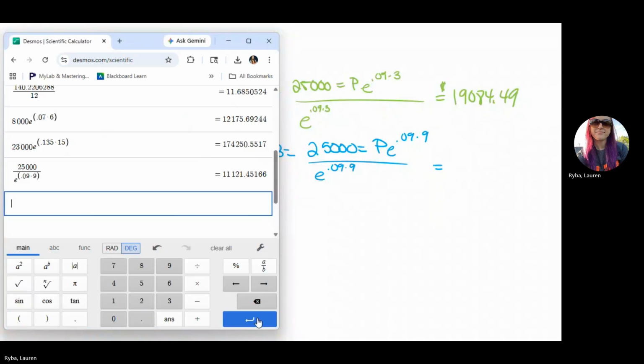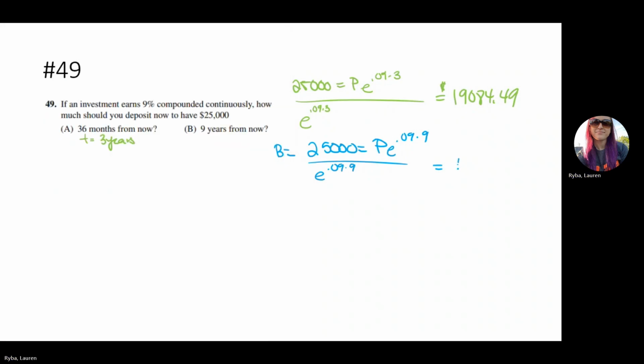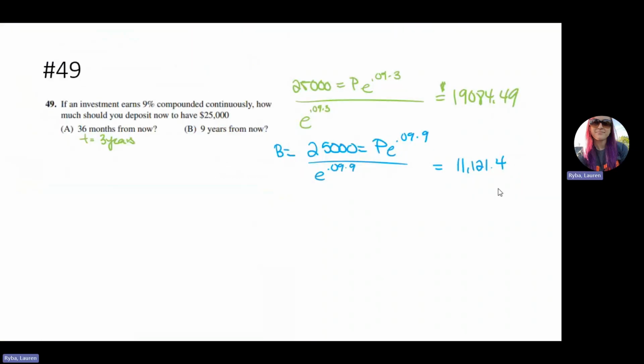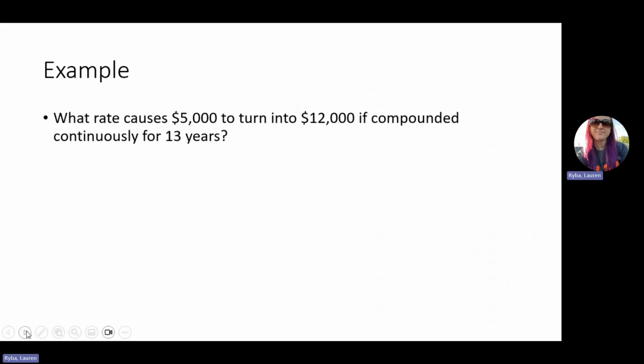And if I have 9 years, I would only need to put down $11,121.45 today. Last variable we can solve for could be R or T.